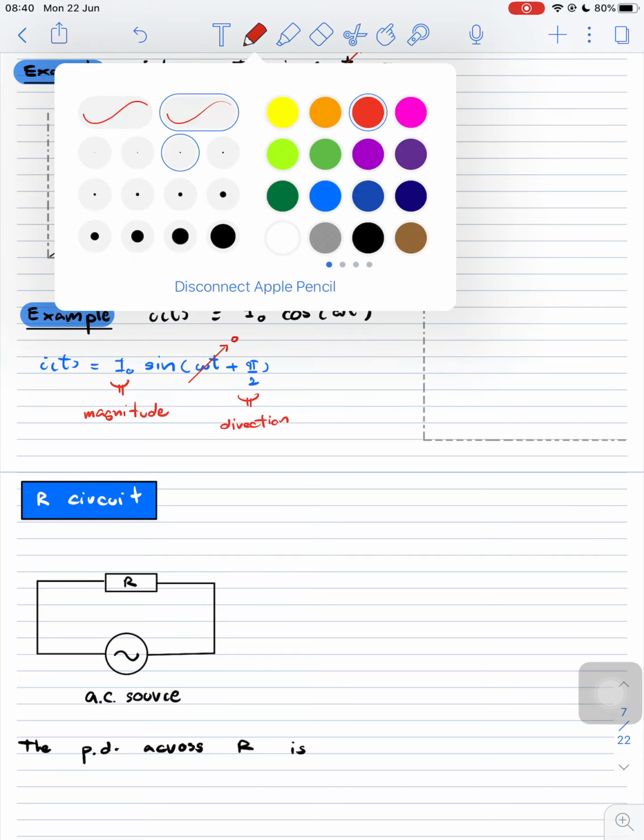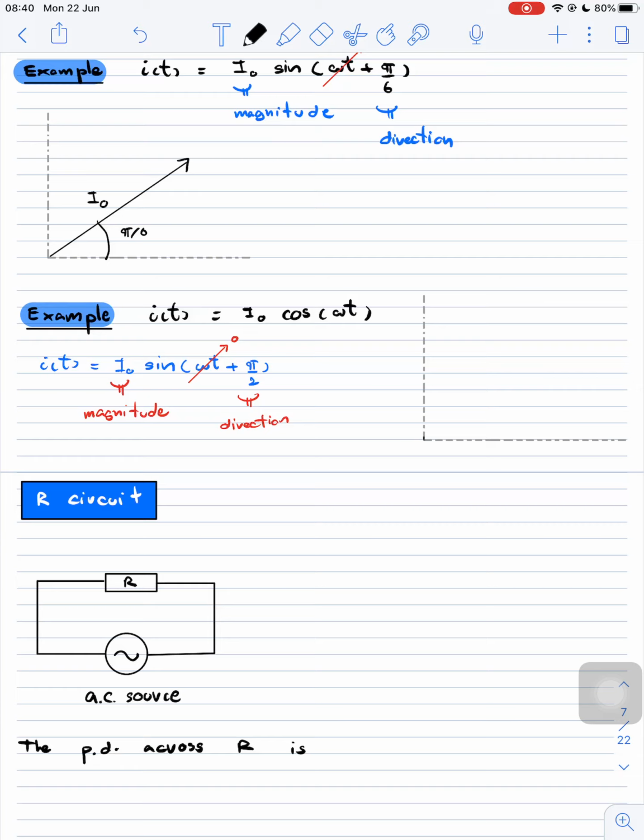So in this case, you can have the vector to be this one, because the pi over 2 is just 90 degrees. Okay, and this will be the I naught, which is the length or the magnitude of the vector. Okay, so now let's consider the R circuit, the L circuit, and the C circuit separately.